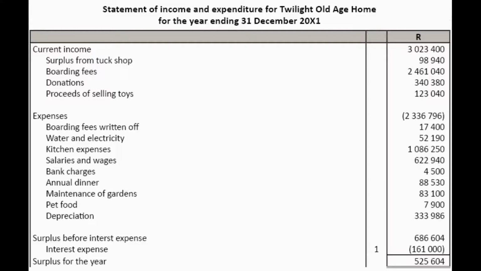There was no interest income, I see. So before the interest expense, the surplus was 686,604. Let's have a look at the interest expense. Was there an adjustment? Let me just see, interest. It was for interest on loan.